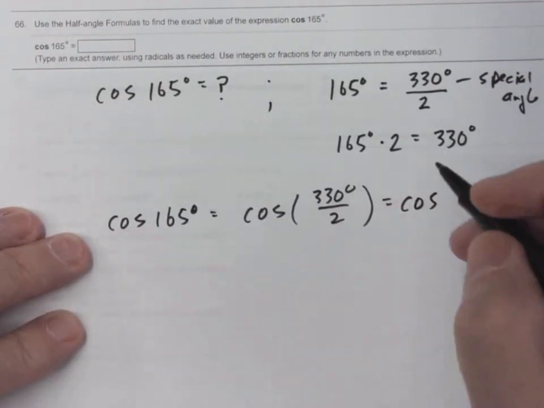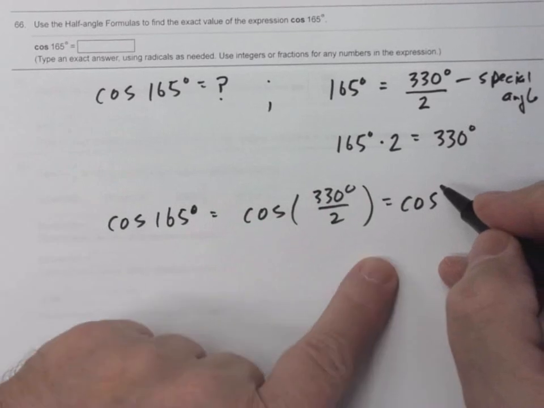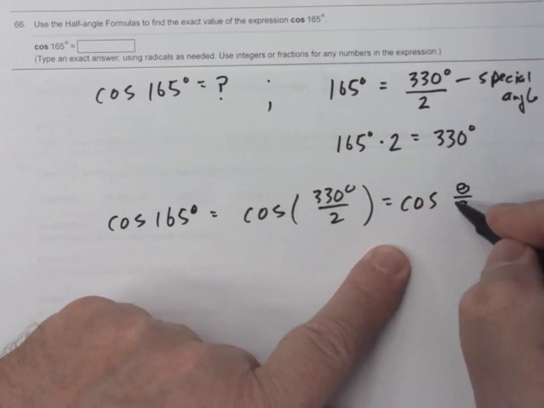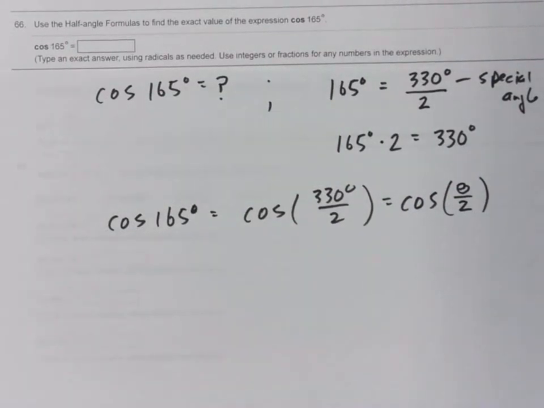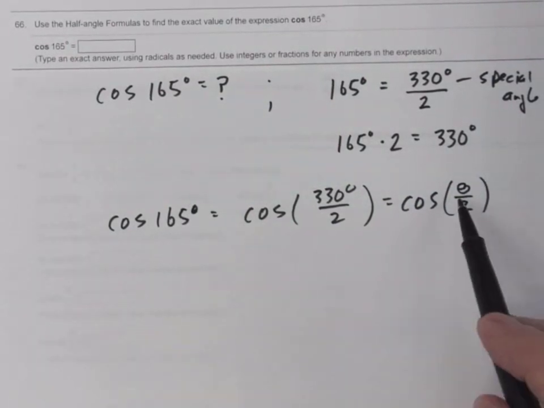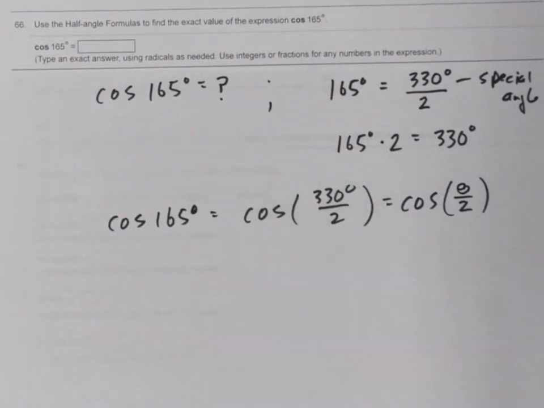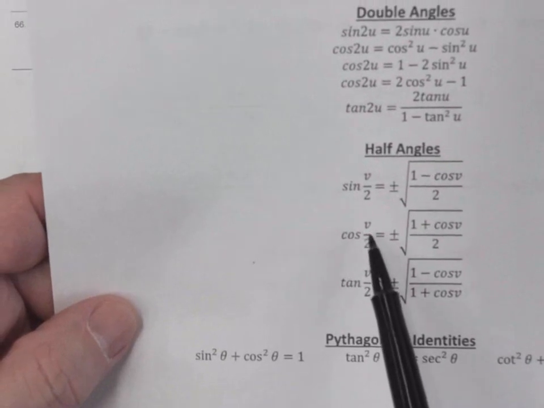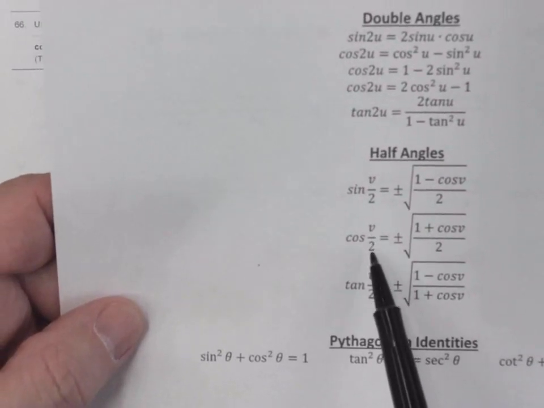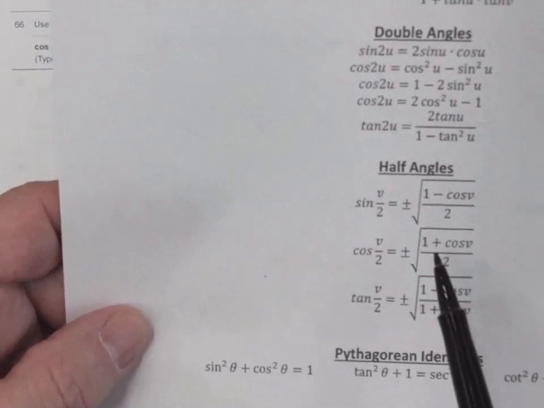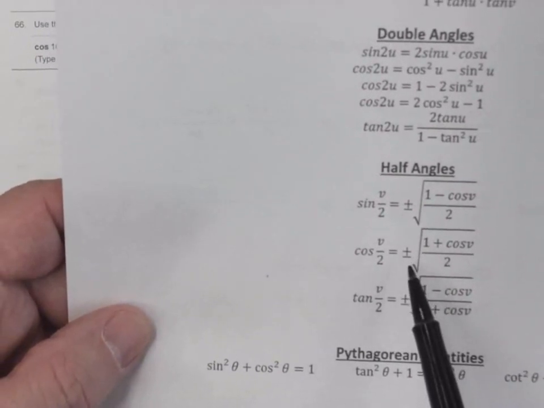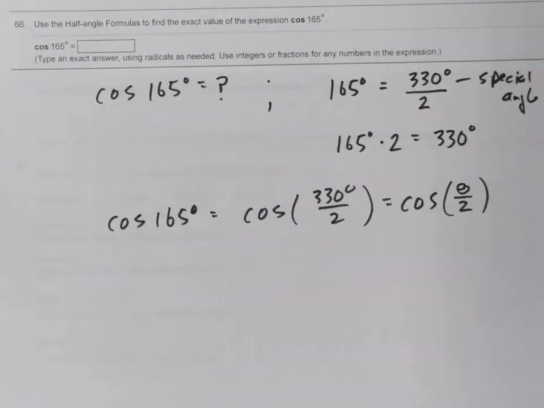And if I want to use my formula sheet, we'll just call 330 degrees the angle theta. And now I go to my formula sheet. Cosine of an angle divided by 2 equals this. Now in our case, I know my final answer is going to be a negative number, so I will put the negative, so I will write this out.